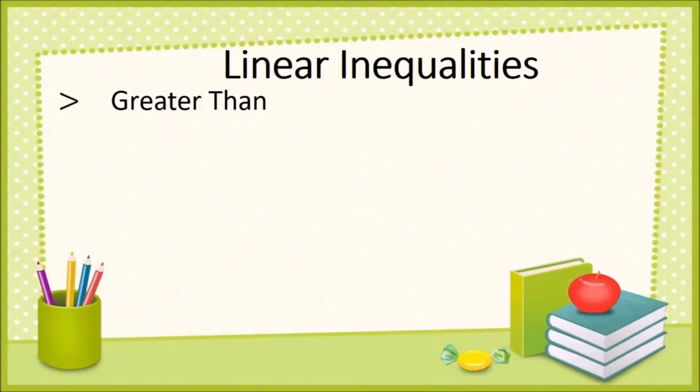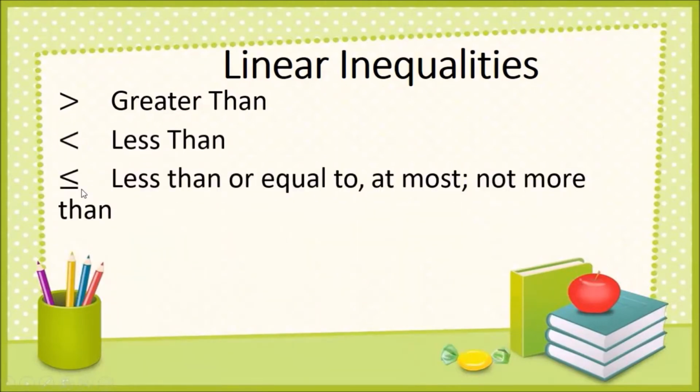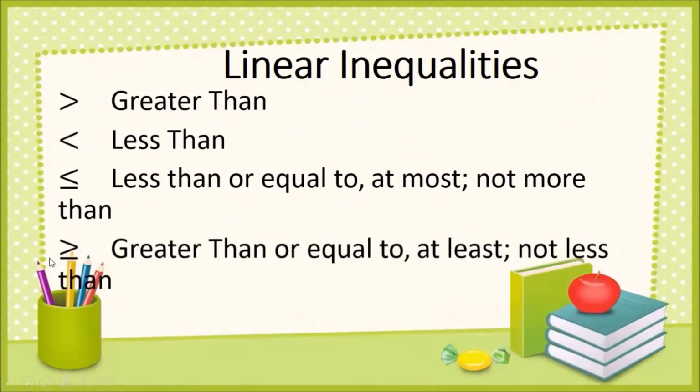So we use the greater than symbol, less than symbol, less than or equal to, also known as at most, or not more than. And another symbol is greater than or equal to, at least, or not less than. These are some symbols that we will use and apply in linear inequalities.